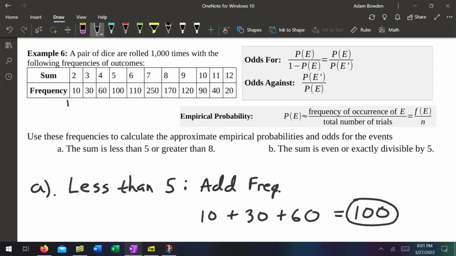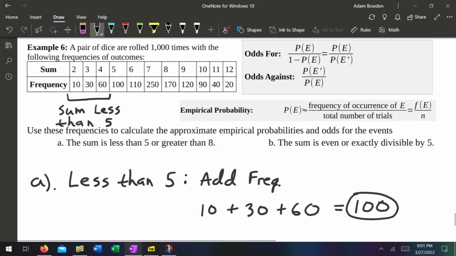How I'm getting that is I'm adding together the numbers for the sums of 2, 3, and 4, and the 10, 30, and 60 frequencies together.